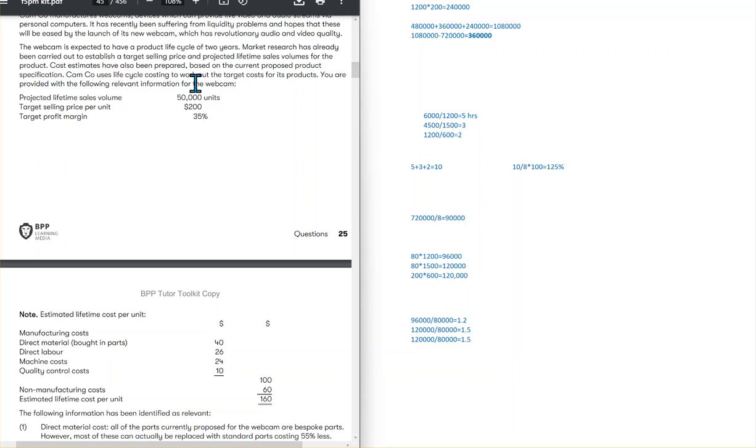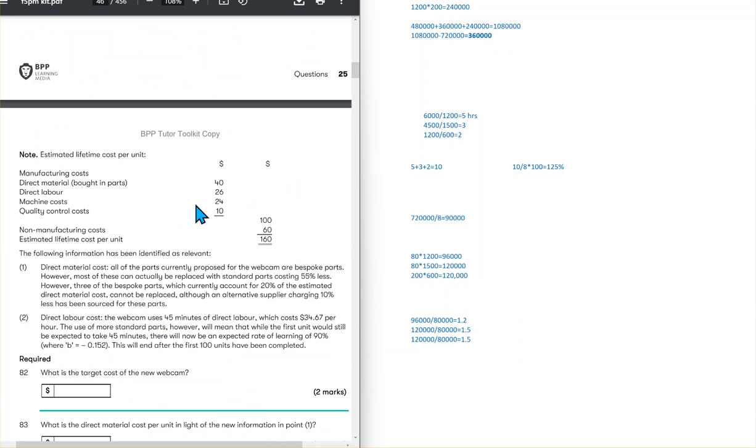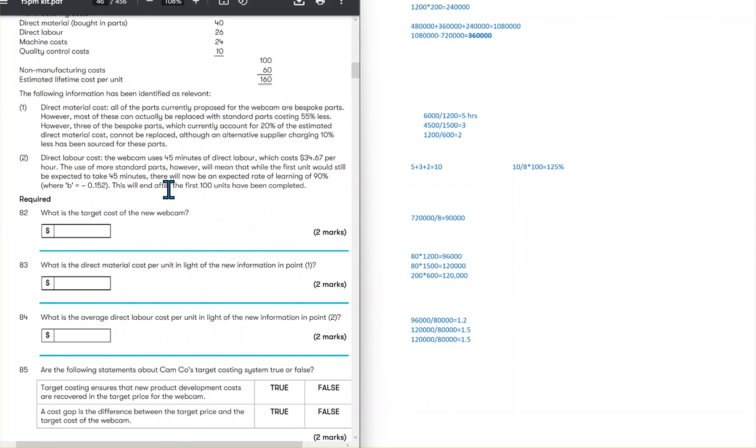Projected lifetime sales volume 50,000, sales price 200, and margin 35%. And then you have been given costs, and then non-manufacturing costs and so on. The following information has been identified as relevant. Direct material cost. All of the parts currently proposed for the webcam are bespoke parts.